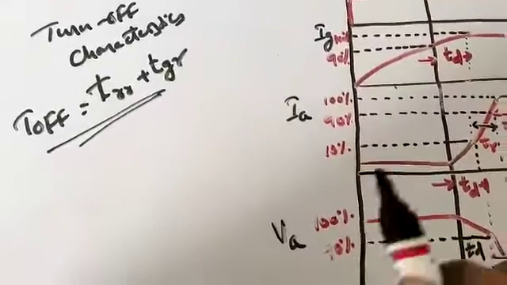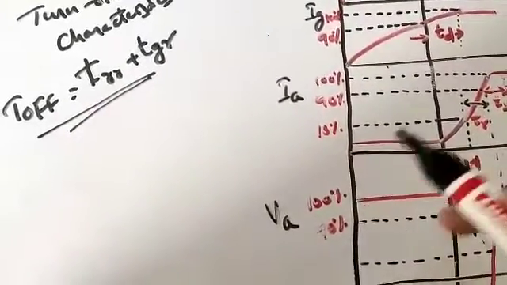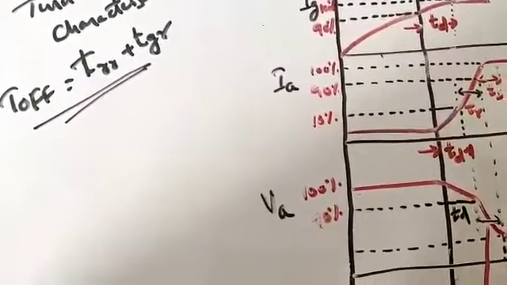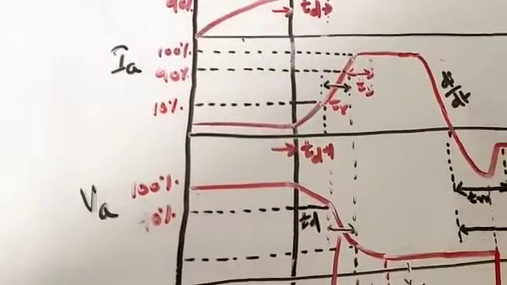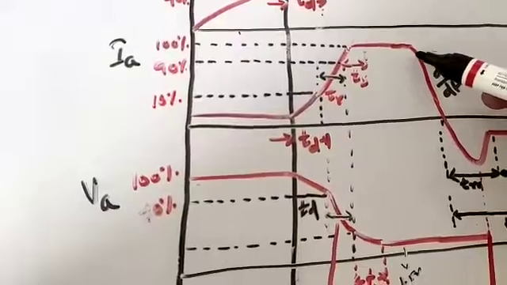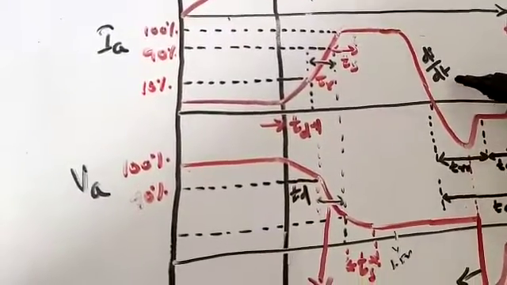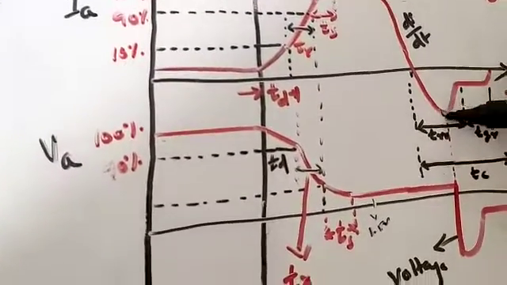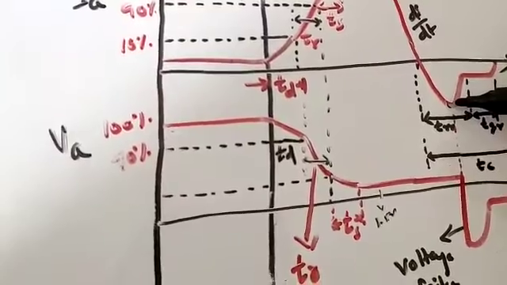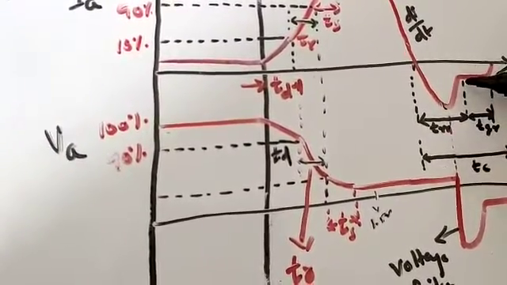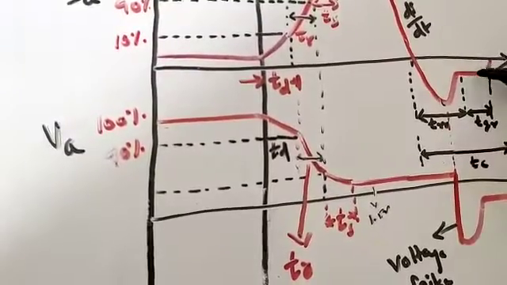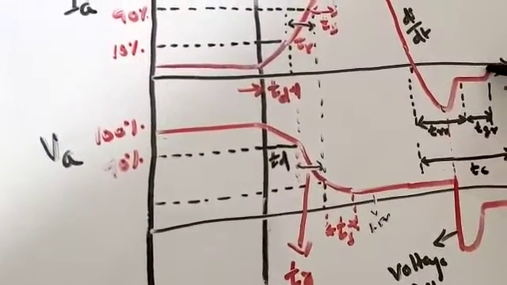So to turn off the SCR, what do you have to consider? To turn off the SCR, we need to decrease the anode current below the holding current. For this, the anode current decreases with a rate of di by dt and reaches a maximum negative value here, and then increases to reach a steady state, and finally attains zero value.